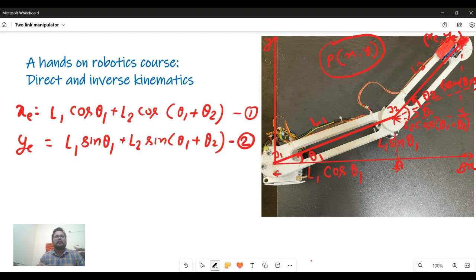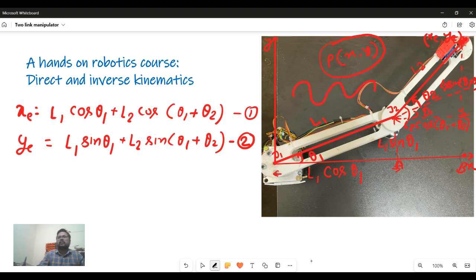Now let's find the relation for inverse kinematics. As I already told you, inverse kinematics means, for given XE and YE, what should be the angles theta 1 and theta 2? Suppose you are planning to track this trajectory.